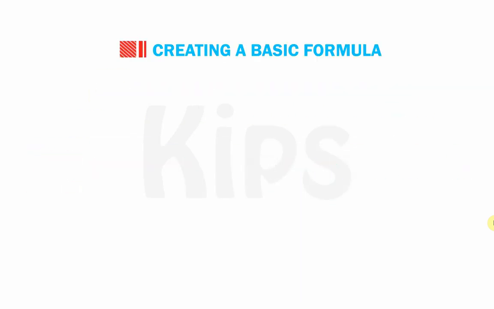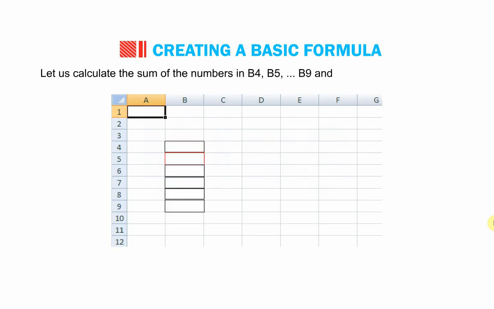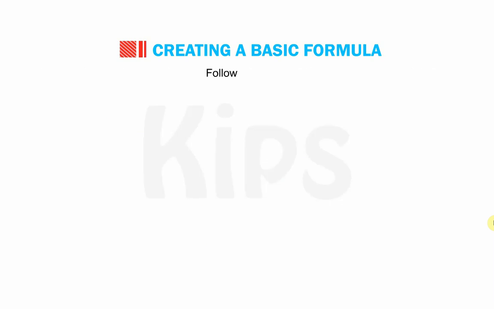Okay, now let us first learn how to create a basic formula. Basic formulas involve only one operator in a formula. Let us calculate the sum of numbers in B4, B5 up to B9 and display the result in B11. Follow the steps.